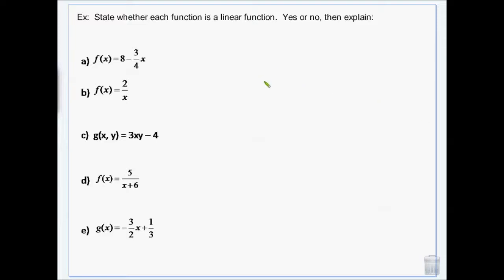To see if things are linear functions or not, we just look at the variables. We have an x by itself, nothing weird happening to it, so yes. x in the denominator, no. No x's in denominators. That's bad. 3xy, not a function.